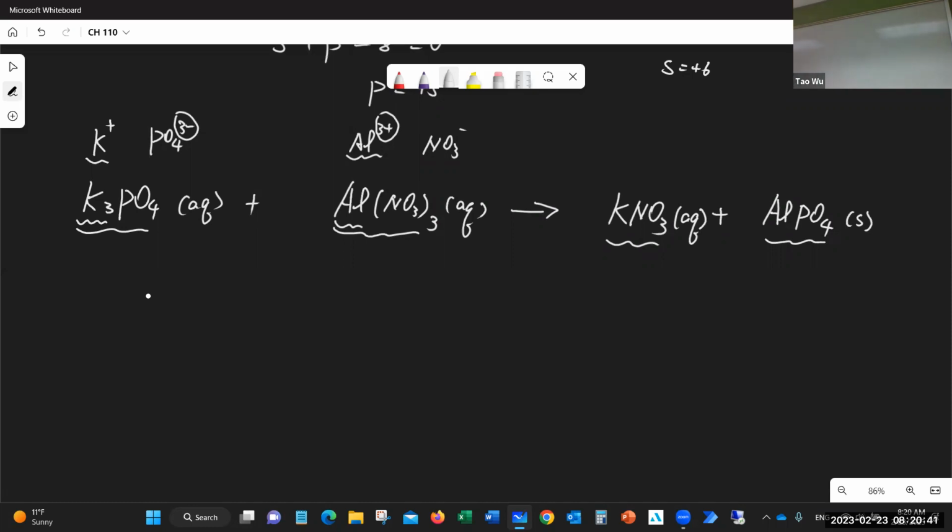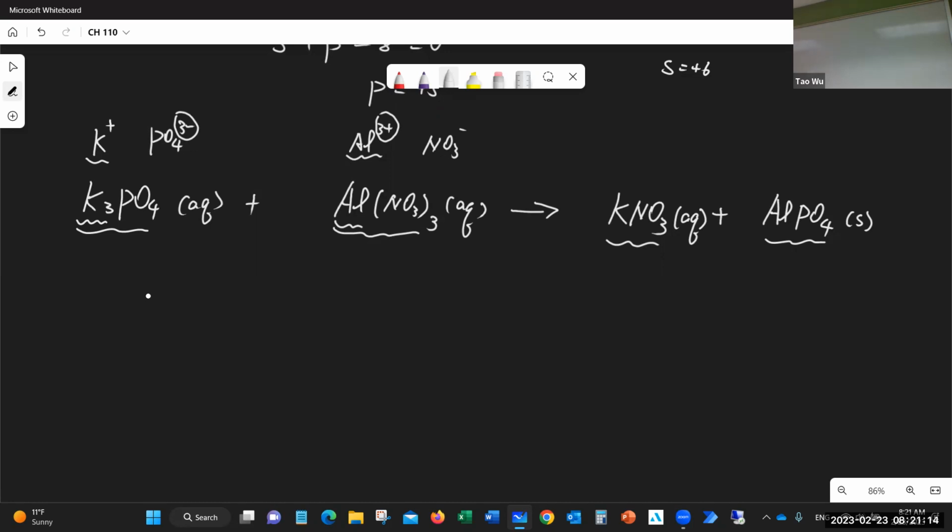If you're not sure, you can double check the solubility chart. Phosphate will be in the back column. You see the phosphate, and then you see the cation. For cations, they have two categories over here. In the top category, there's no aluminum ion, which means aluminum belongs to the other ions. So phosphate plus any other cation means low solubility, which is insoluble.